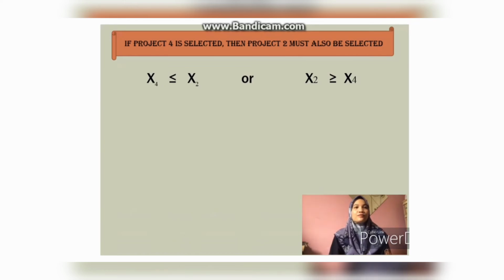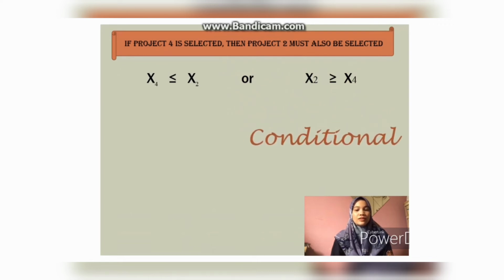Next, if project 4 is selected, then project 2 must also be selected. That is, project 4 is contingent on project 2. 4 depends on 2. So, we write x4 less than or equal to x2, or x2 greater than or equal to x4. It's called a conditional or contingent constraint.